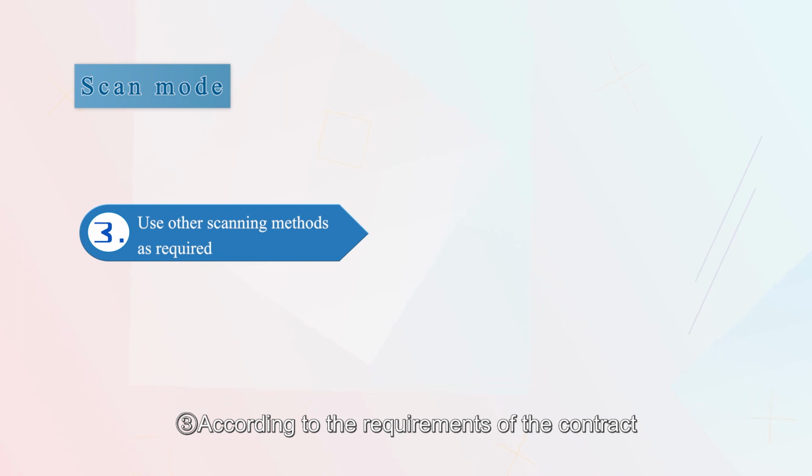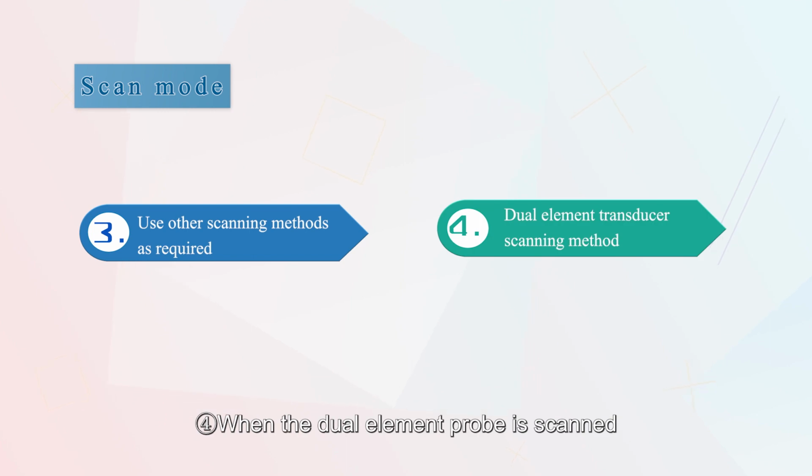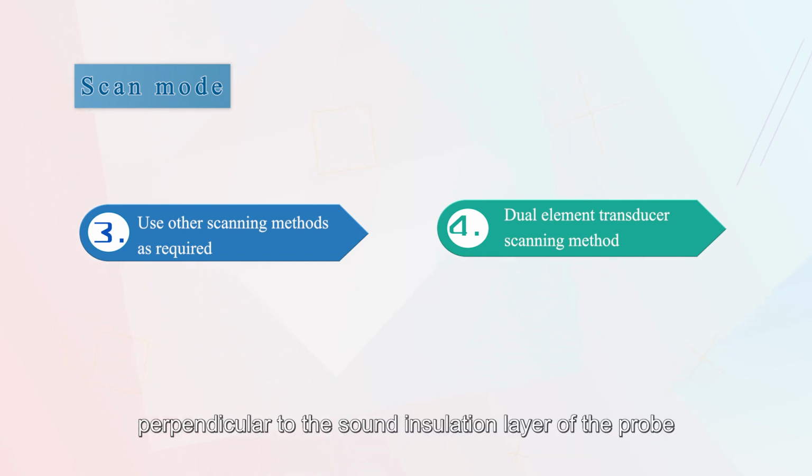According to the requirements of the contract, technical agreement or drawings, other methods of scanning can also be used. 4. When the dual element probe is scanned, the moving direction of the probe should be perpendicular to the sound insulation layer of the probe.